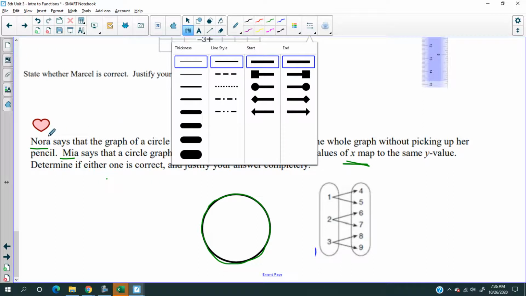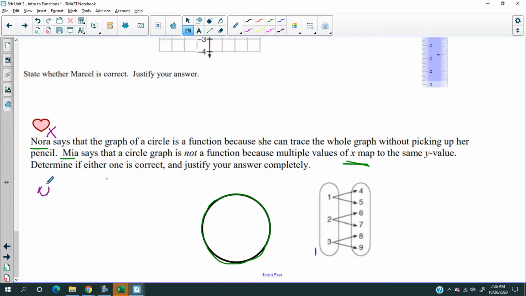So Nora is definitely wrong, because a function has to pass the vertical line test. Now, what do you think about what Mia said?